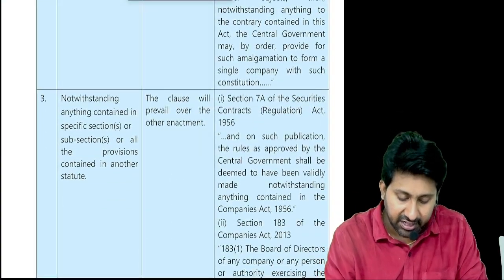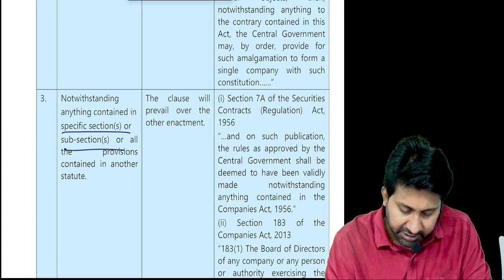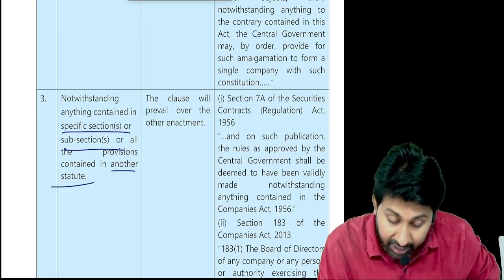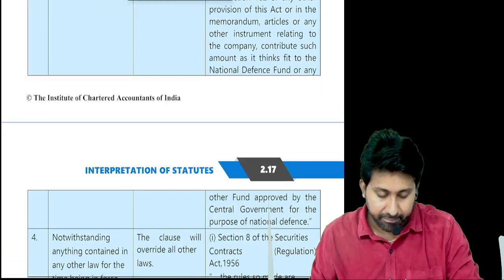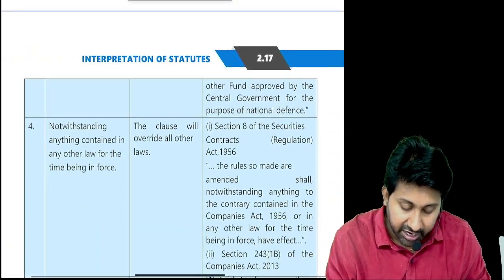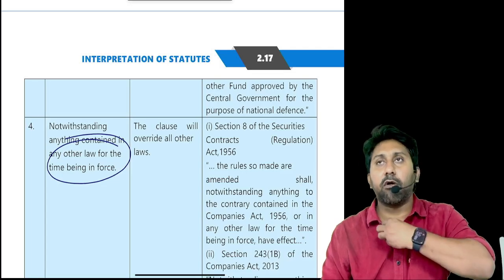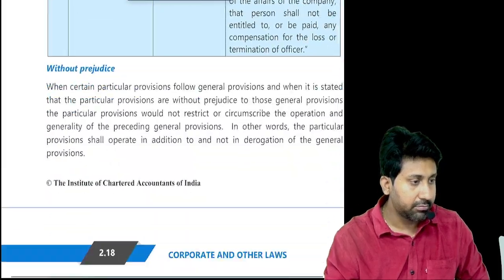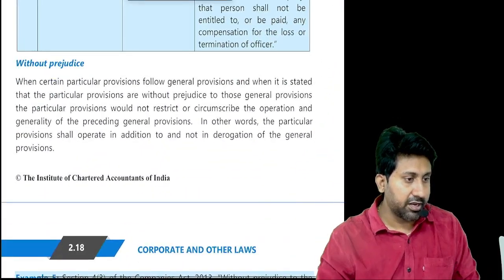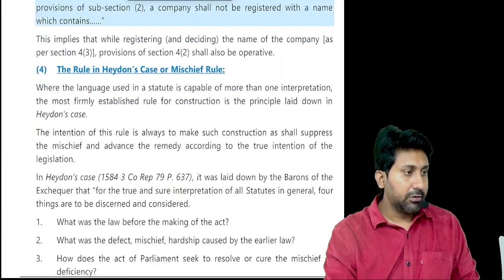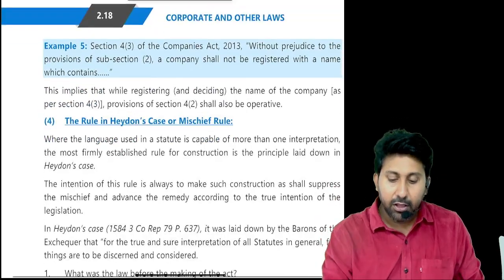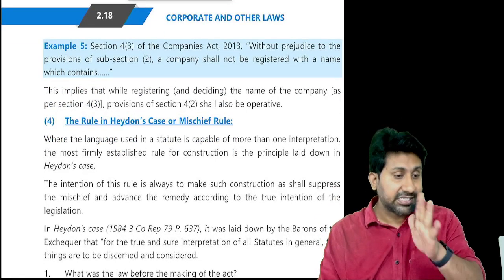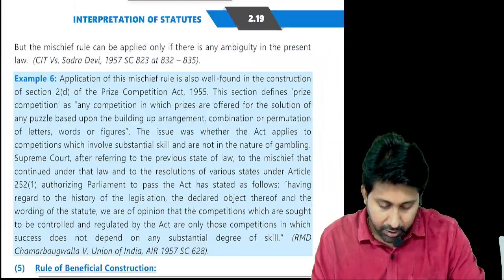Next, notwithstanding anything contained in sections or subsections in another statute, it will not override that act or that section, other enactment it will override. Notwithstanding anything contained in any other law for the time being in force, it will override all laws. Without prejudice also I have given. So with this we completed the rule of harmonious construction.